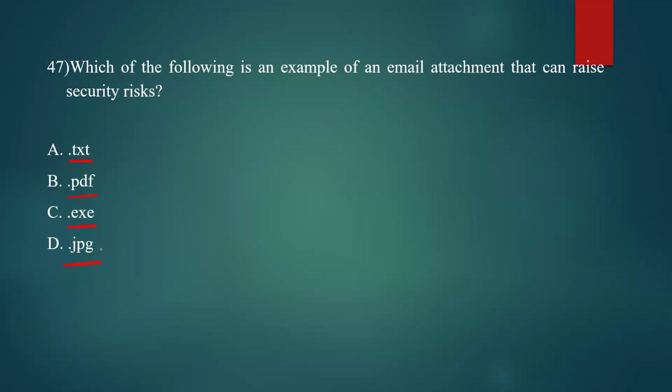PDF is a document, text is a word document, JPG is for image, and that's EXE. If you are making a word file, the final extension will be .txt.